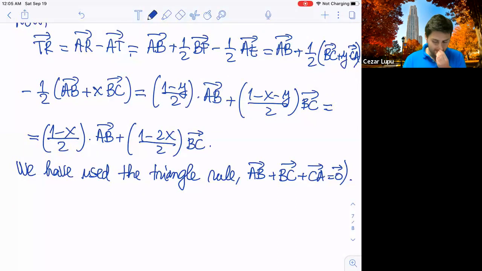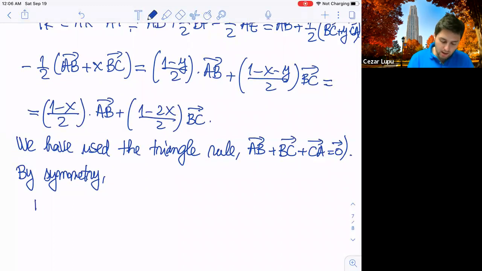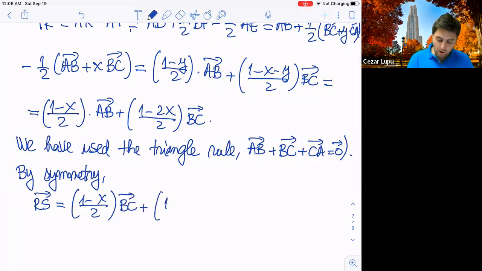All right, now again by symmetry, we have that RS vector is nothing else than (1 minus x over 2) times BC vector plus ((1 minus 2x) over 2) times CA vector.